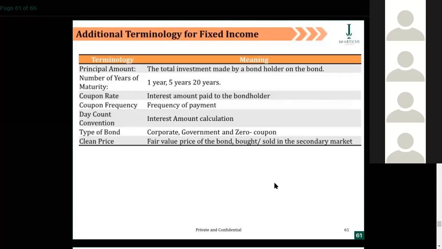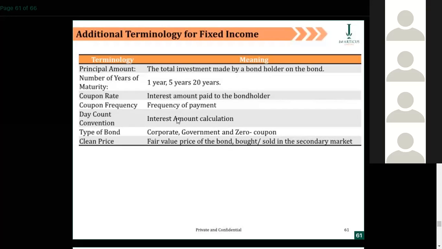Then type of bond: what kind of bond is that? If you know the application called Bloomberg, Bloomberg terminals are usually installed at most financial institutions to refer to the price details of a bond, and there you will find all these details.